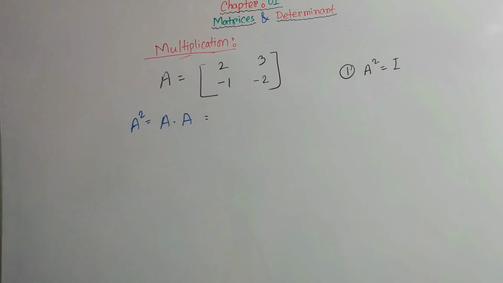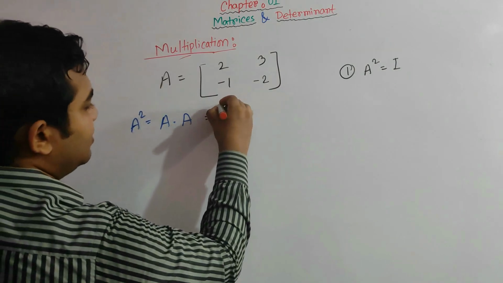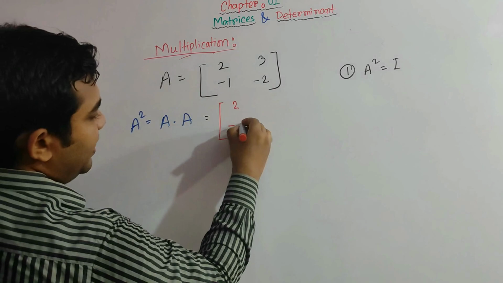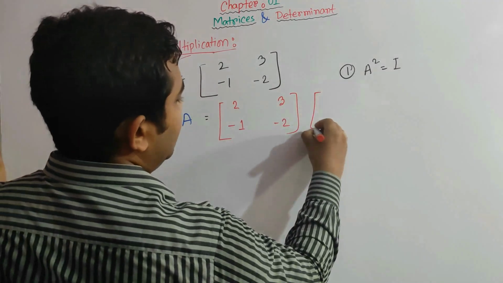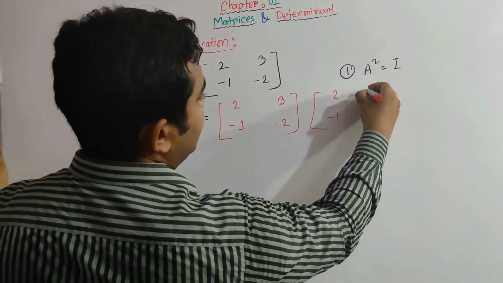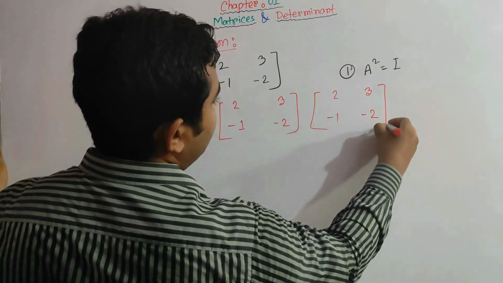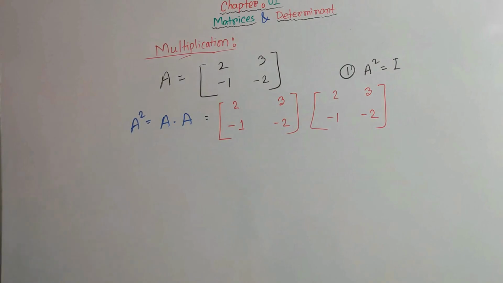What do we have to multiply? Here is 2 minus 1, 2 minus 1, 3 minus 2, again 2 minus 1, 3 minus 2. This is actually two matrices.